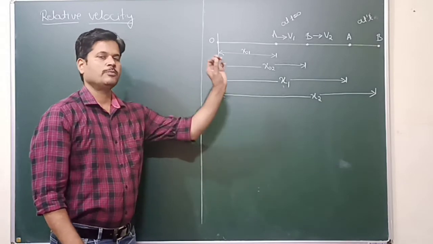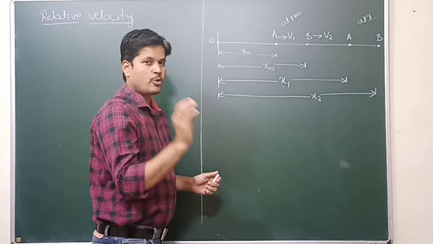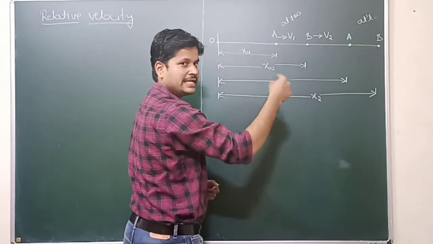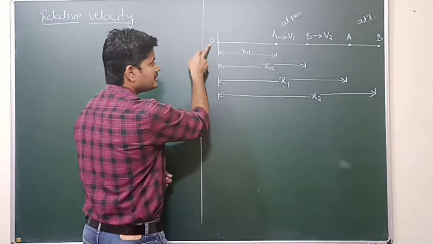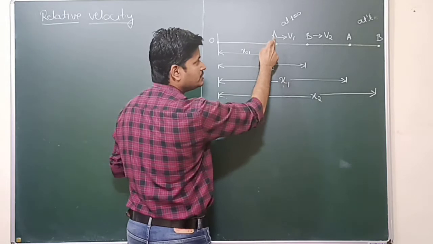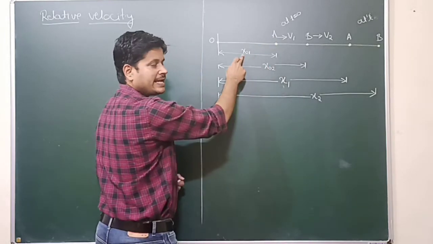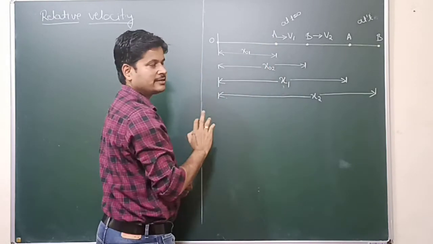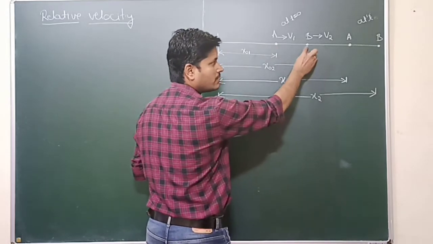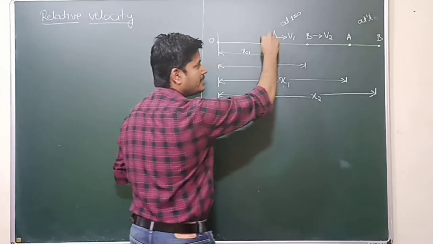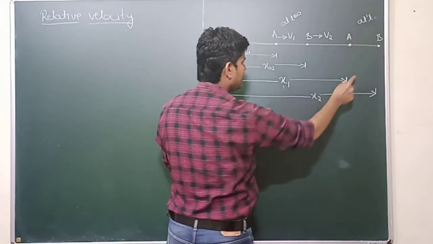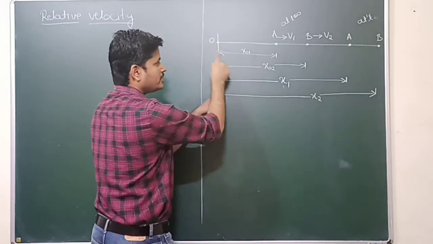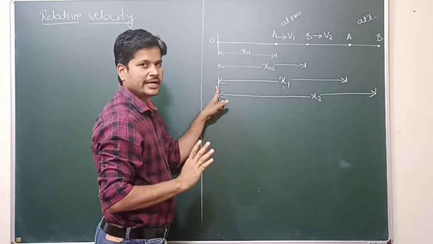Note down all the points here properly. When the time t equals 0, that means their initial positions with respect to the origin, the object A is at x01, correct? And after a certain interval of time, at time t, A reaches here, and that position with respect to 0 is x1.